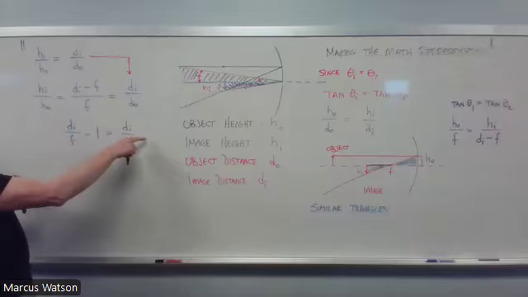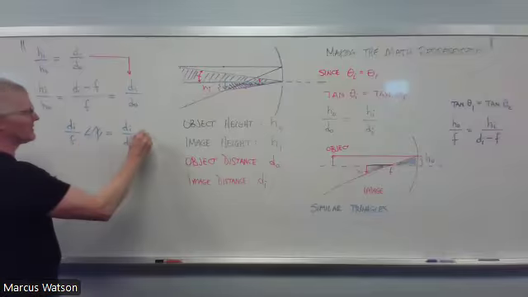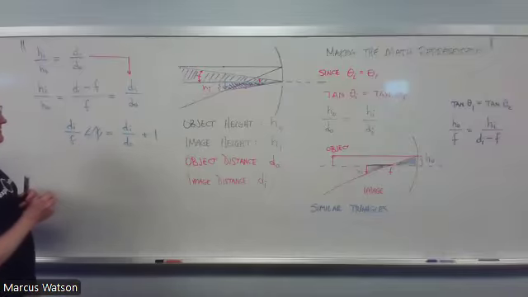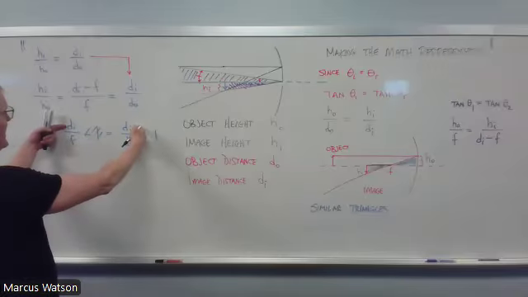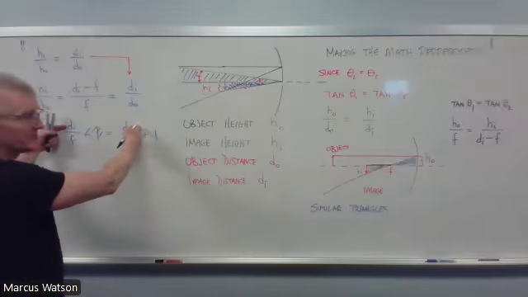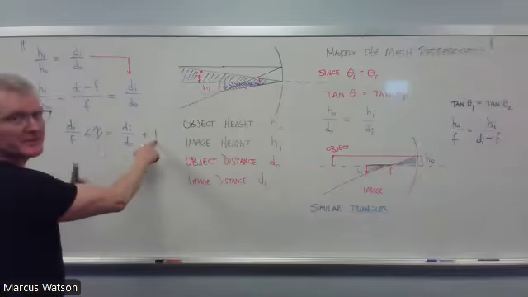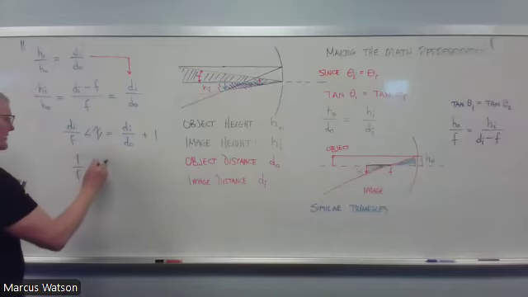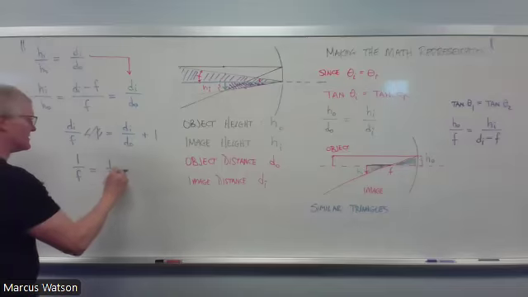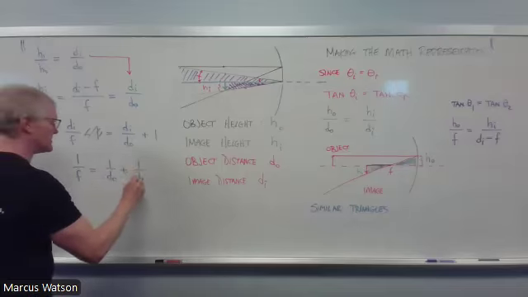How about I flop the 1 over to this side, make it plus 1 over here, and then I divide everything by DI. So that takes out DI here and sticks it underneath this thing. So what that gets me is 1 over focal length equal to 1 over object distance plus 1 over image distance.